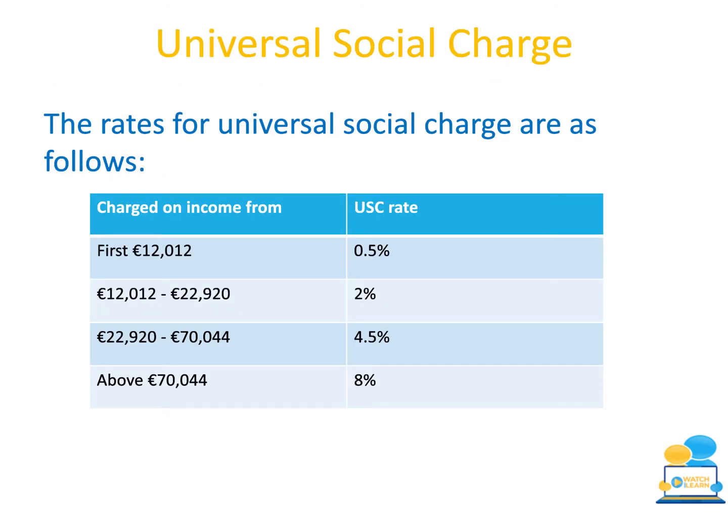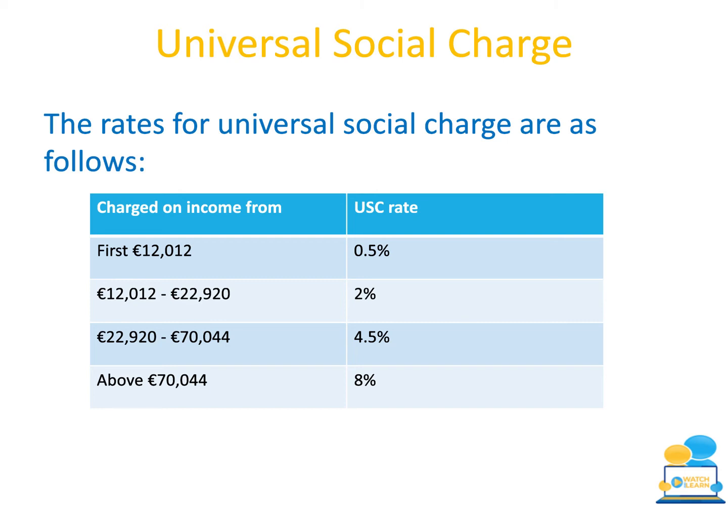So moving away from income tax and looking at our next statutory tax, the universal social charge. So on the screen here, we can just see the rates for the universal social charge in Ireland currently. So again, depending on how much you earn, you will not pay all of the percentages that you see up here on the screen. So we can see that on your first €12,012, you'll pay 0.5% of USC tax on that.